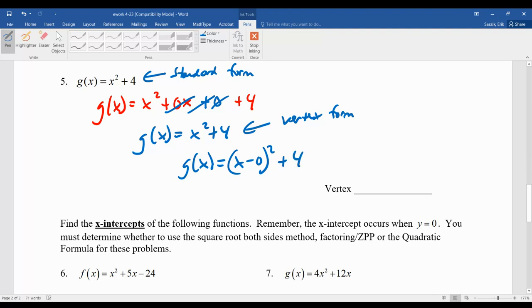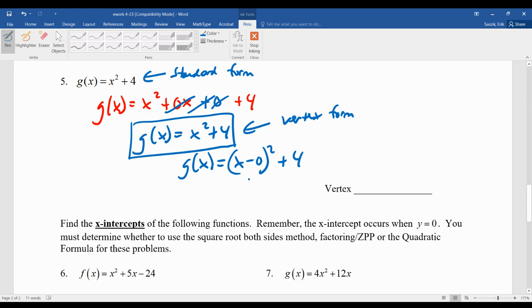You see, that looks more like vertex form, doesn't it? But there's no need for us to write x minus 0. We just write x. So that's why vertex form looks exactly the same as standard form in this particular problem.